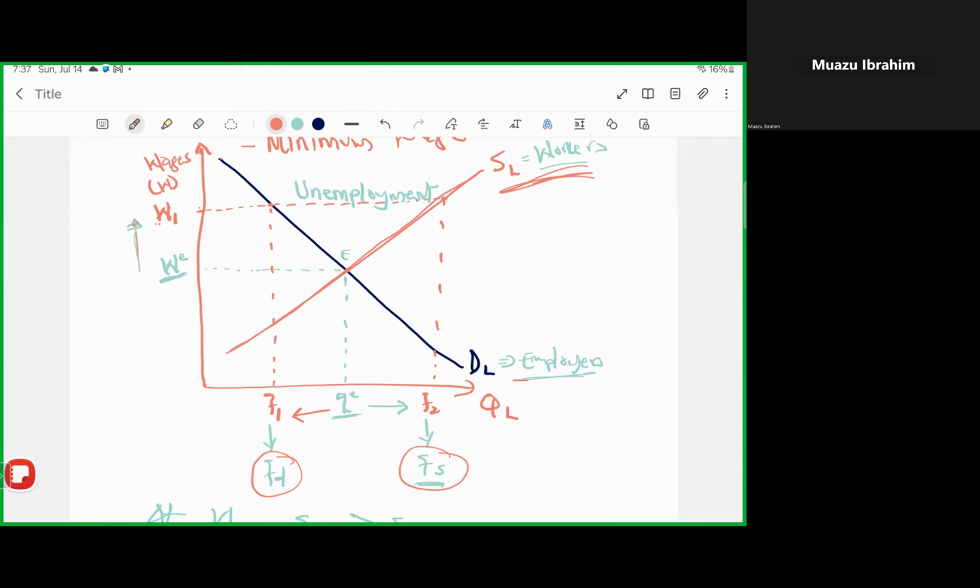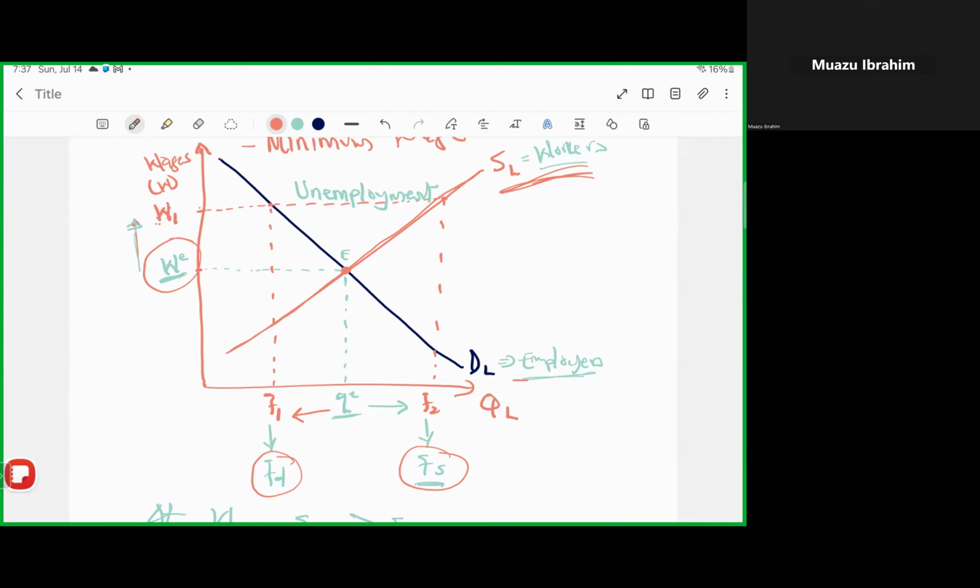When the wage rate was at equilibrium, WE, you realize that at this equilibrium condition, we had people who didn't want to supply their labor. They didn't feel this particular wage rate was good enough for them, even though other job seekers were accepting that wage rate.